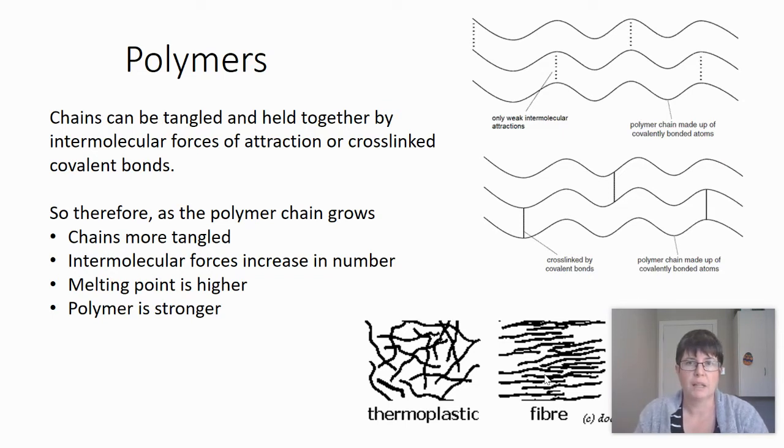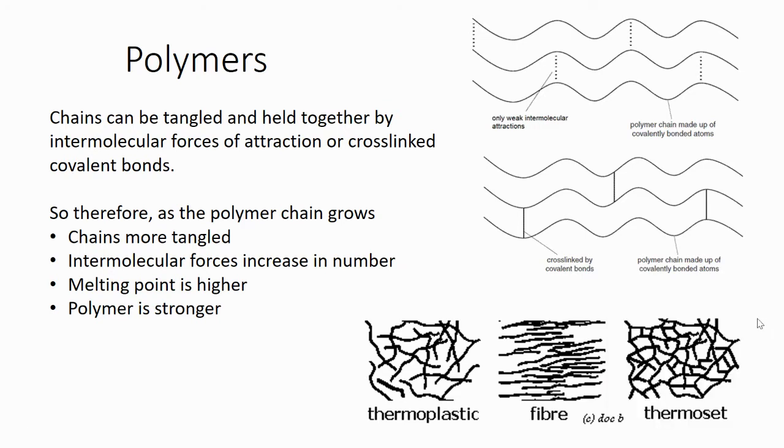The polymer gets stronger. Now, there are different kinds of plastics. There are thermoplastics, which have been heated. There are fibers where the chains are all in the same direction. And then there are also thermoset plastics where the heat has created bonds between the chains.